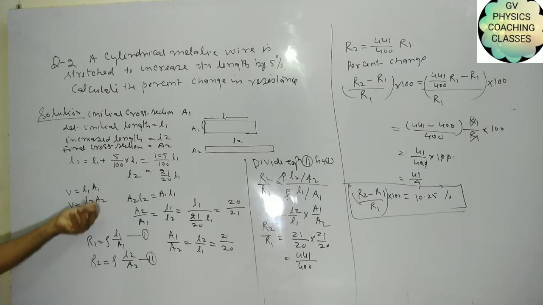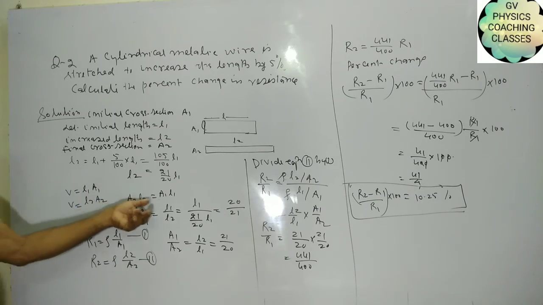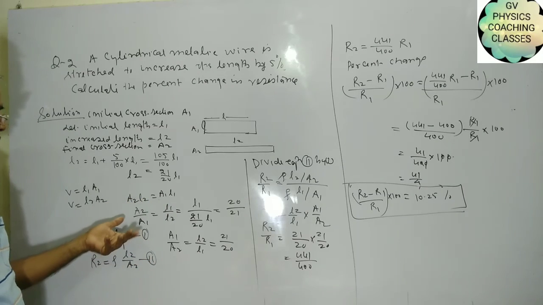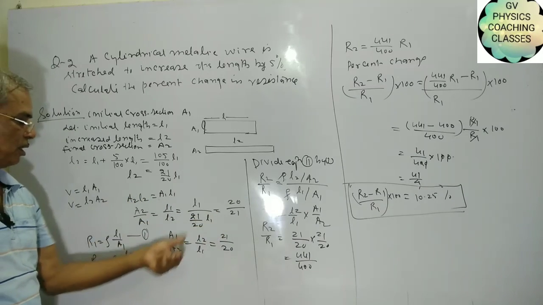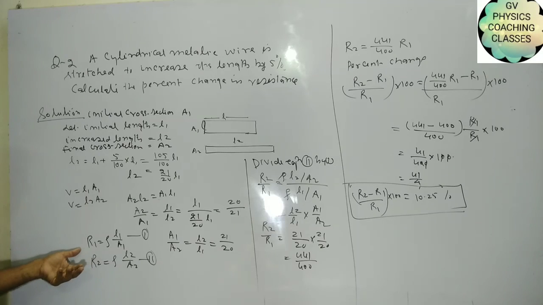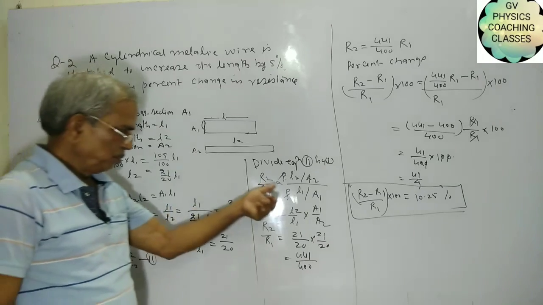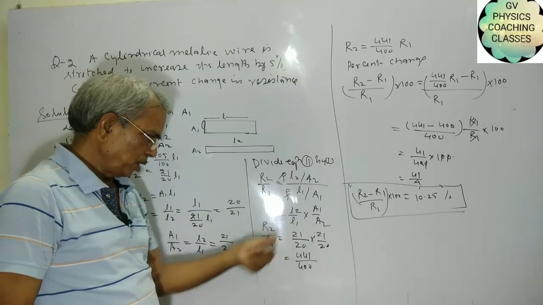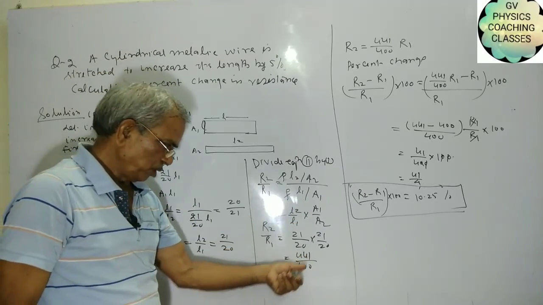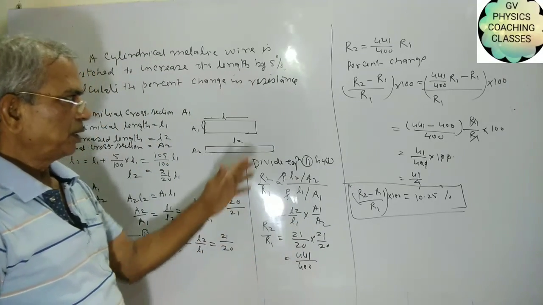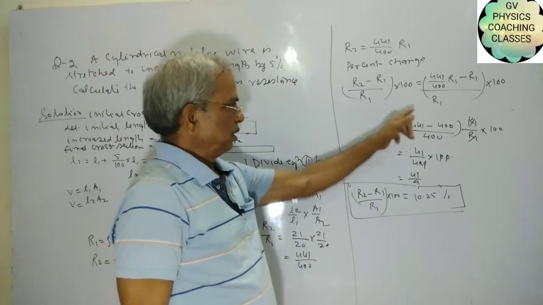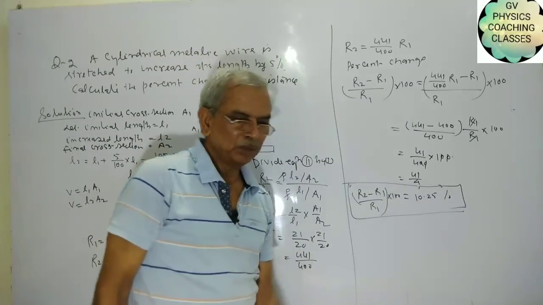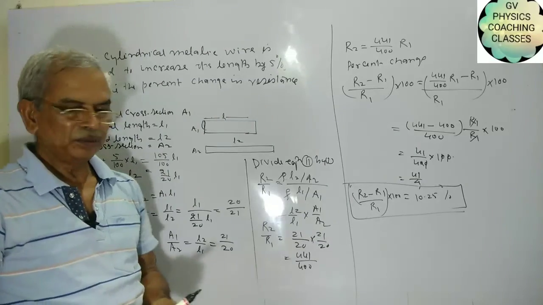The initial volume and final volume are equal, so we can find this relation. R1 and R2 are found, divide R2 by R1, put the values of L2 upon L1 and L1 upon L2, 441 upon 400, and calculate the percentage change, and that comes to the answer 10.25.